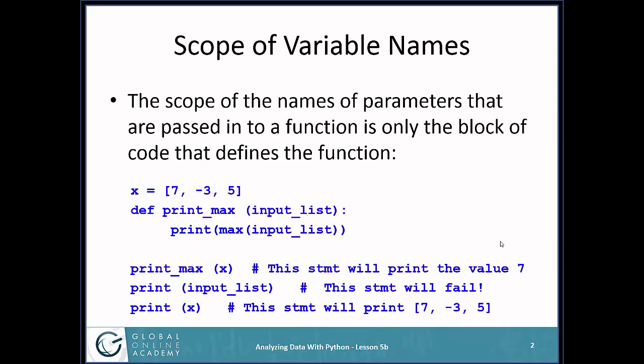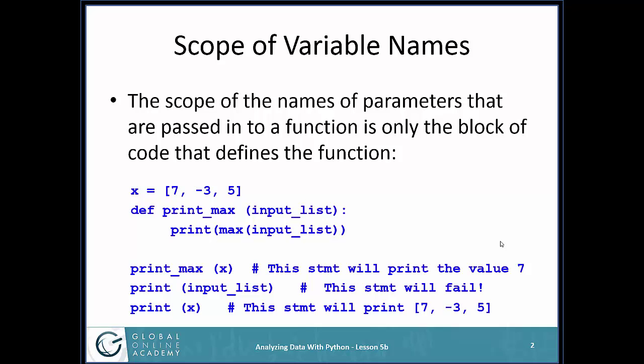The scope of the names of parameters that are passed into a function is only the block of code that defines the function. So let's take a look at this example. x equals the list 7, -3, 5. So I've got a variable called x. It's type list, has a length of 3.